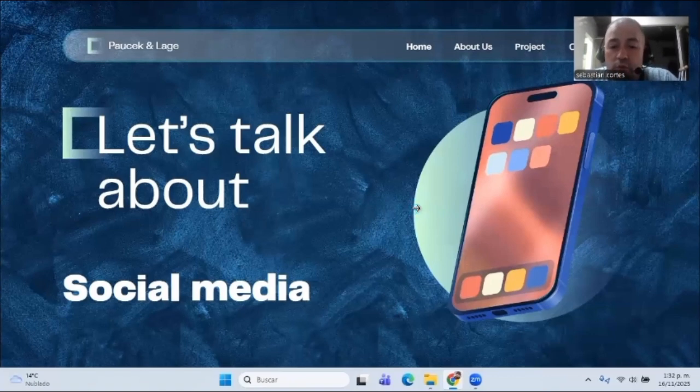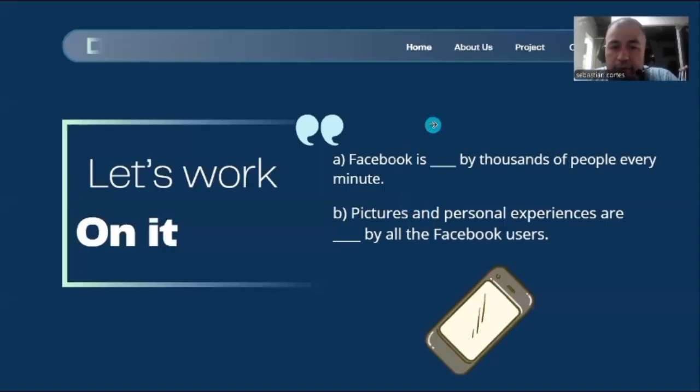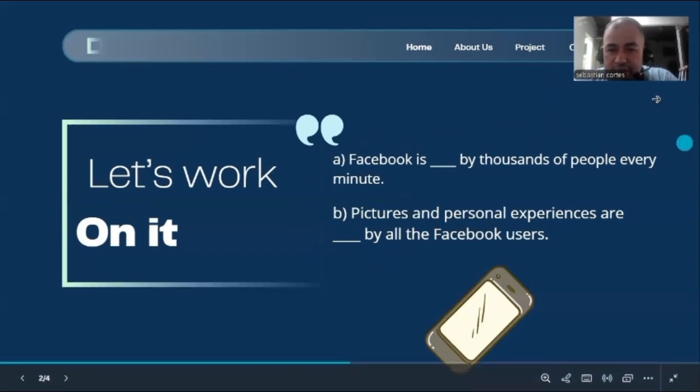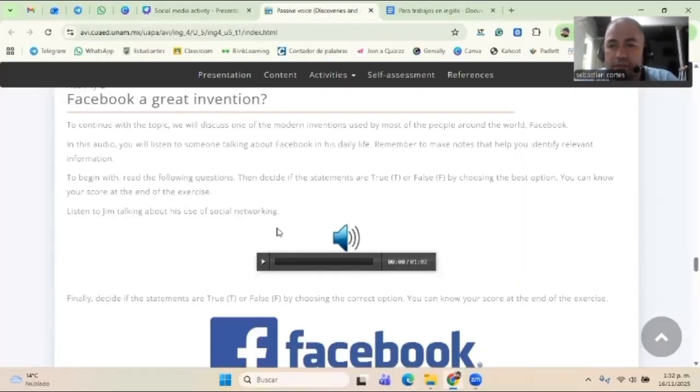Once we finish this recording, we are going to complete these sentences by filling in the blanks. So give me one second. I'm going to play this recording, and you can detect the words we are looking for right here. So 1, 2, 3, let's go.